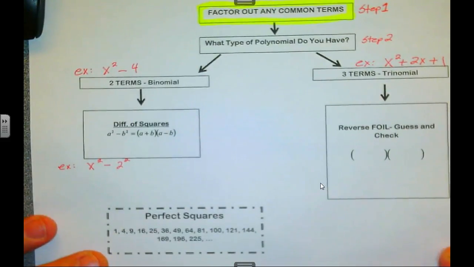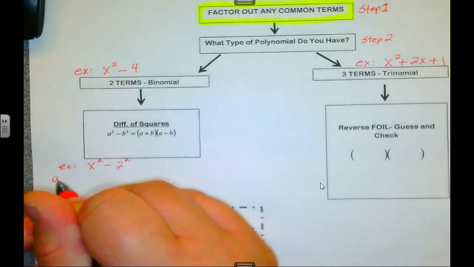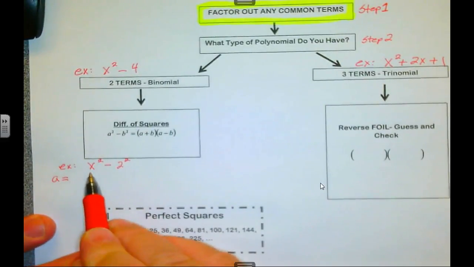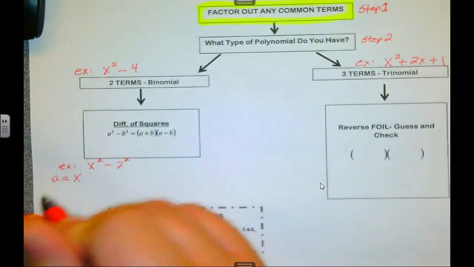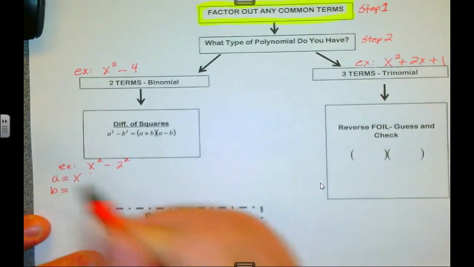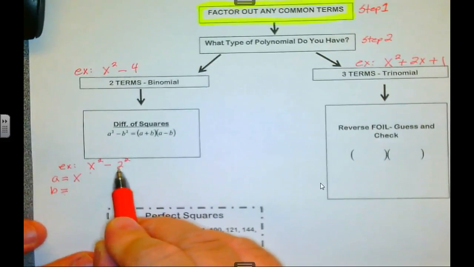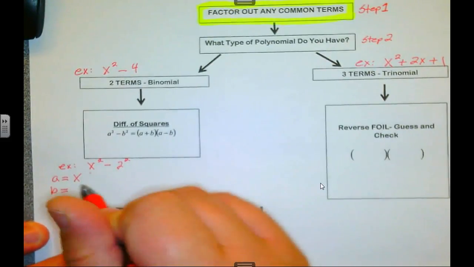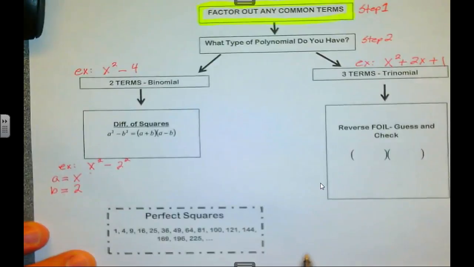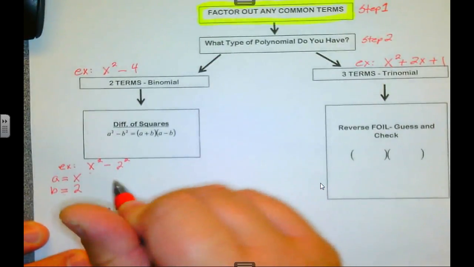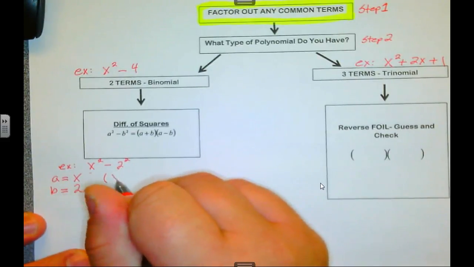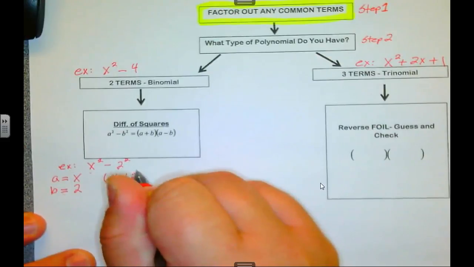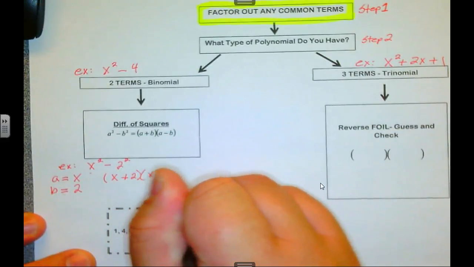Okay? So my a, which is the base of the first term, is x. My b is the base of the second term, which is 2. Not 4, 2. So in this example, I would have x plus 2 and x minus 2.